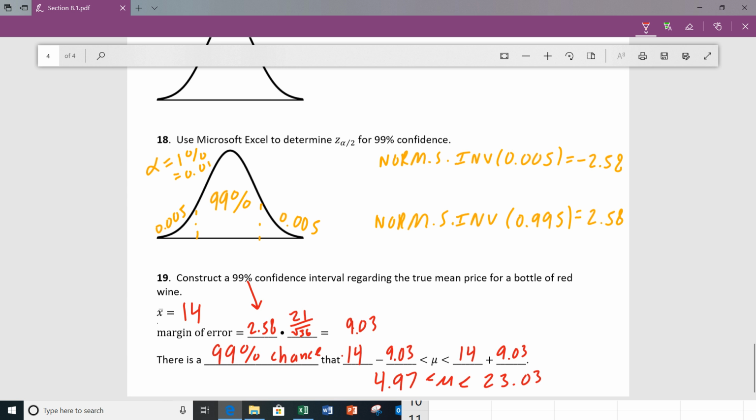If you found the margin of error and that helped you find the confidence interval, that's fine. So you basically have to find it to find the interval. So you don't have to label it separately. Yes, we need to make sure that we interpret the answer. So yes, Erica, to answer your question, we have to make sure that we interpret the answer.